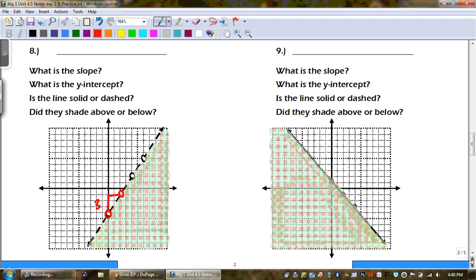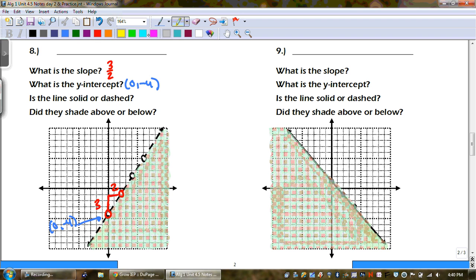I go up 3, I went right 2. So my slope is 3/2. What's the y-intercept? Well, the y-intercept is 0, -4.